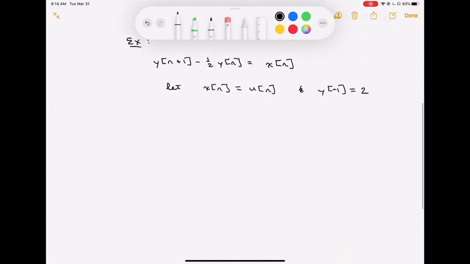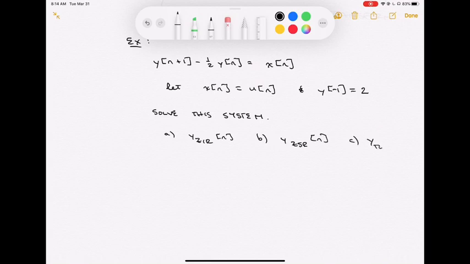So I would like to solve this system, and to do that, I'd like to find a, the y zero-input response as a function of n, b, the y zero-state response of n, and c, let's go ahead and find the y total as a function of n as well.